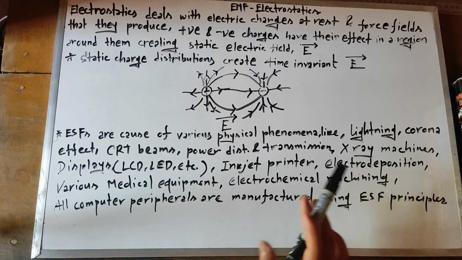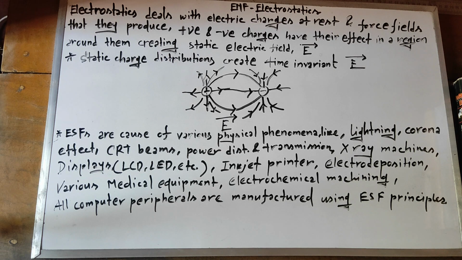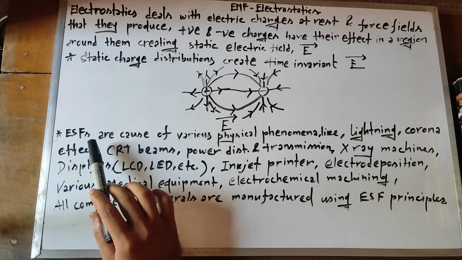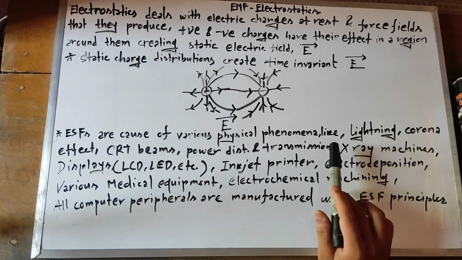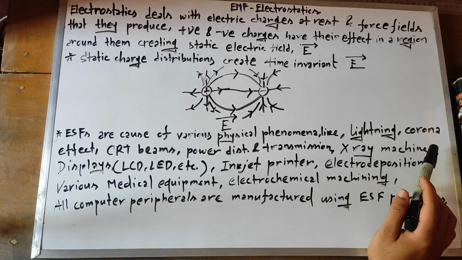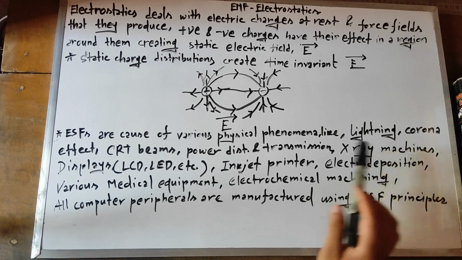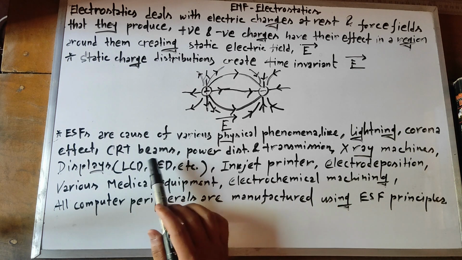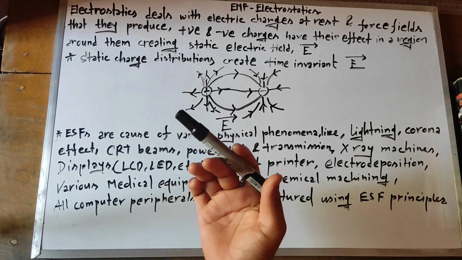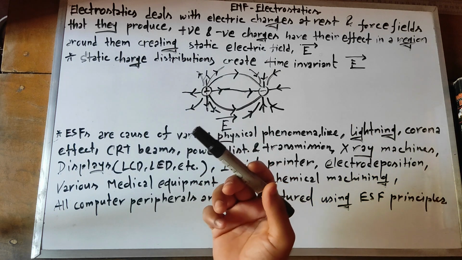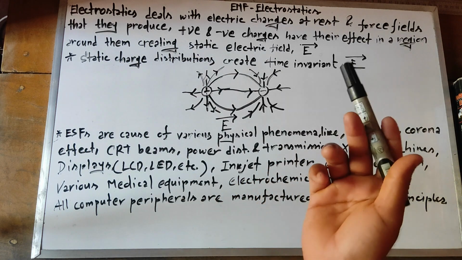Electrostatic fields are everywhere in nature. Among many applications and examples, I have written some. ESF, meaning electrostatic fields, are the cause of various physical phenomena like lightning, corona effect in power system high voltage lines, and CRT beams, cathode ray tube beams, the thing we see in oscilloscopes and cathode ray tube televisions.